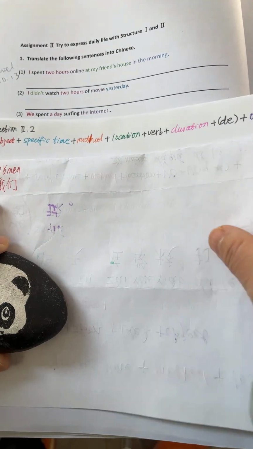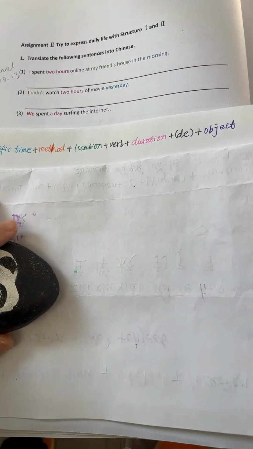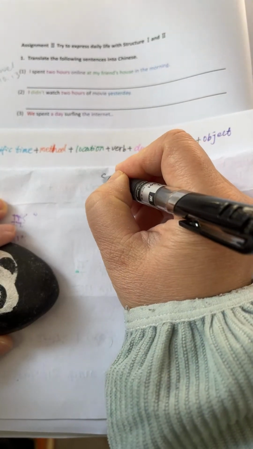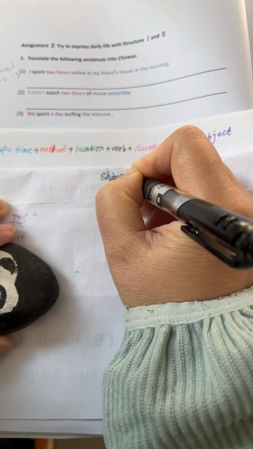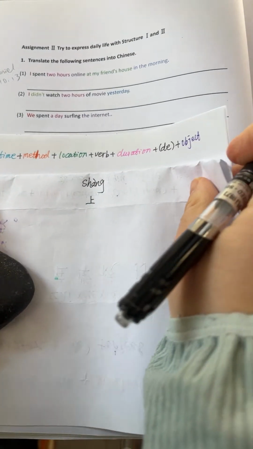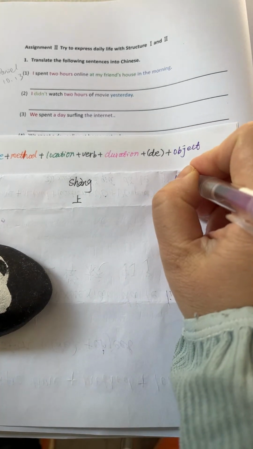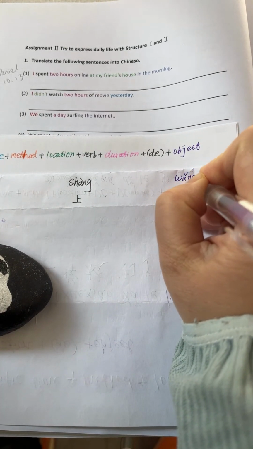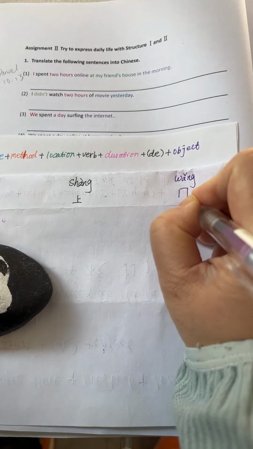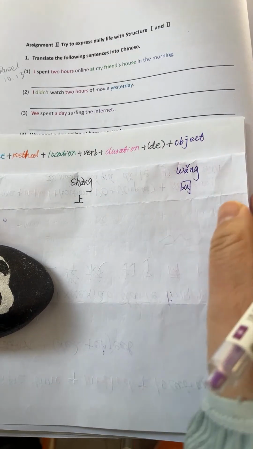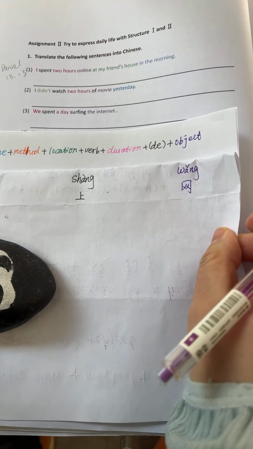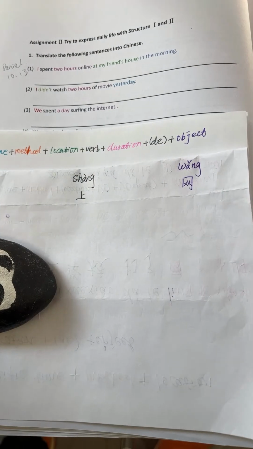You take 上 as the verb and 网 as the object, and then a day.